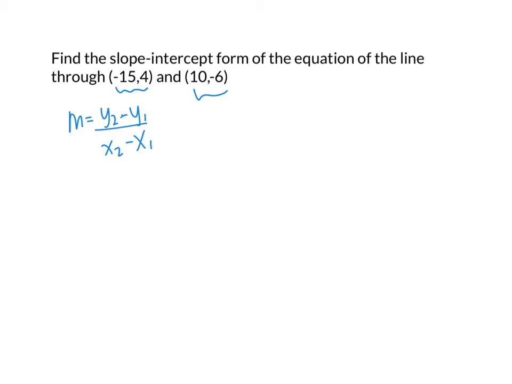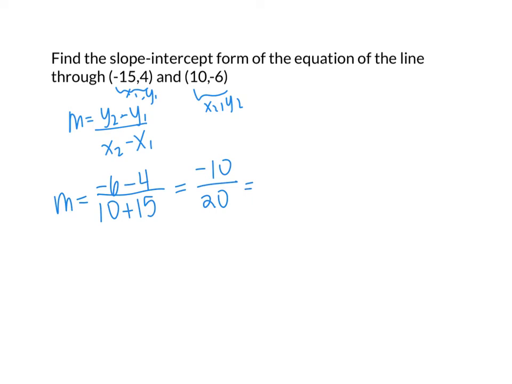If I call (-15, 4) x1, y1, and (10, -6) x2, y2, my slope is y2 minus y1, so -6 minus 4, over x2 minus x1, 10 minus negative 15. Minus negative would be plus 15. -6 minus 4 is -10. 10 plus 15 is equal to 25. Simplifying this is going to be equal to -2/5. So my slope is -2/5.